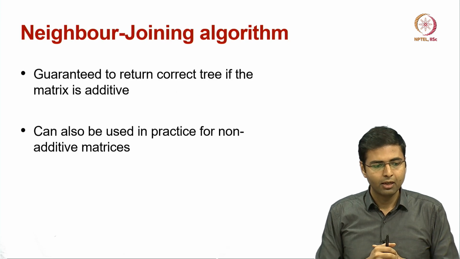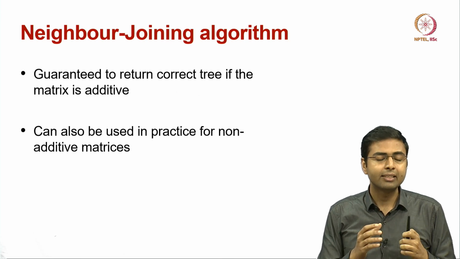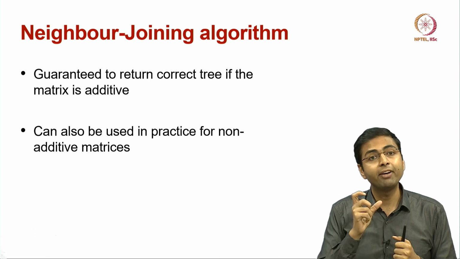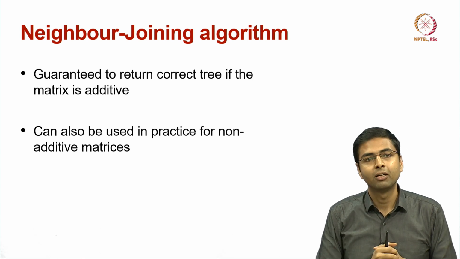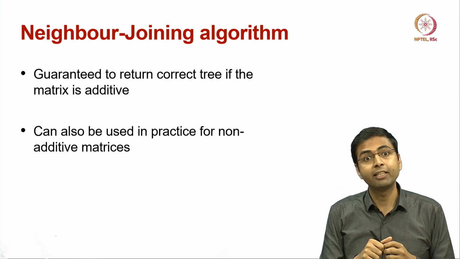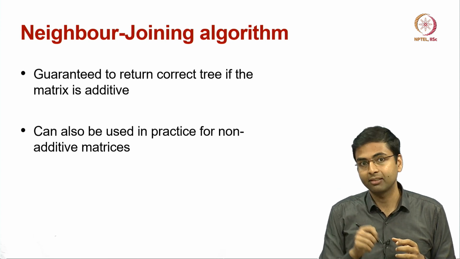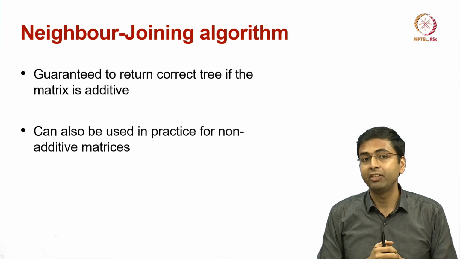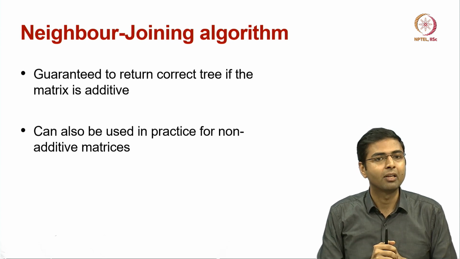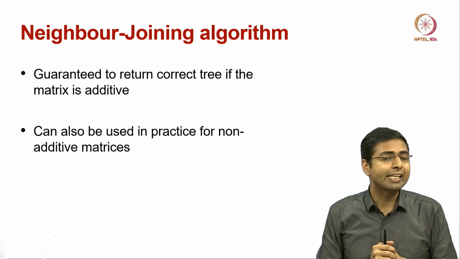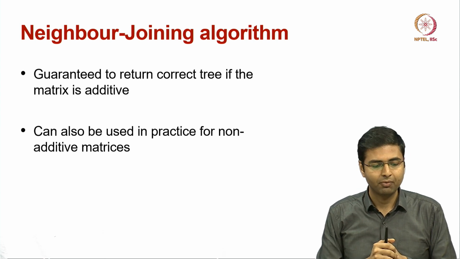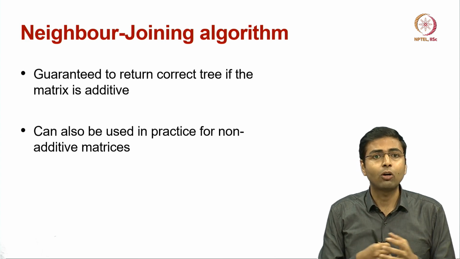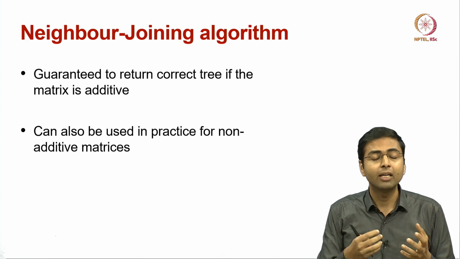Now, this algorithm is guaranteed to return the correct tree if you give it a matrix which is additive. If the matrix is additive, then it will give you the correct tree which is consistent with the matrix. However, what if your matrix is non-additive, which happens commonly in practice as well? In that case also you can use the neighbor joining algorithm and still obtain a tree which can be a close approximation to the optimal tree.